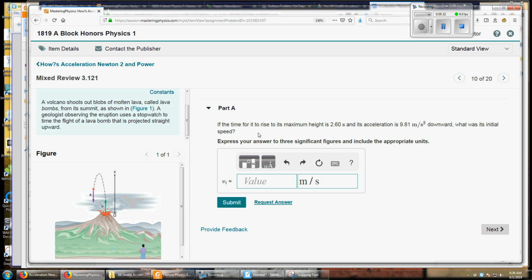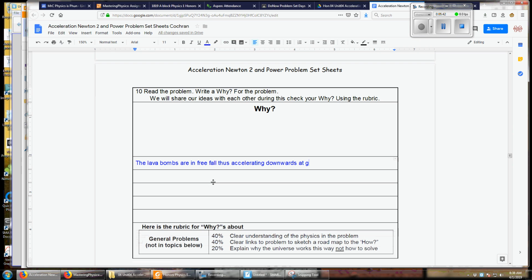And find the time to rise. The time to rise to maximum height is this, and the acceleration is this. What is the initial speed? So they must stop at the maximum height, or they would go higher. And that would make it not the maximum.